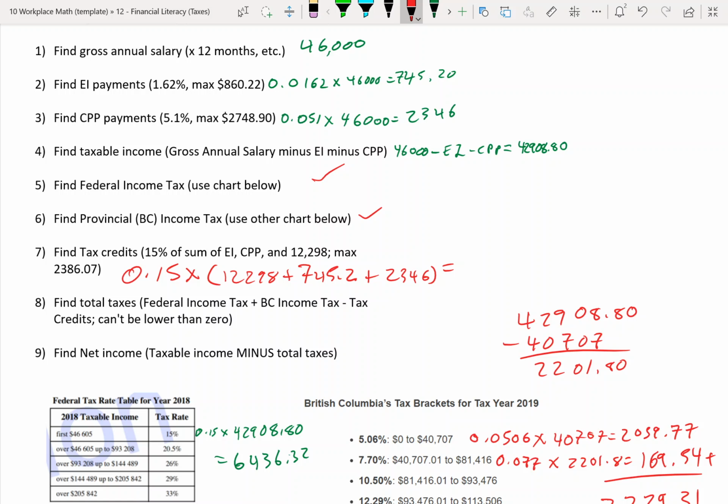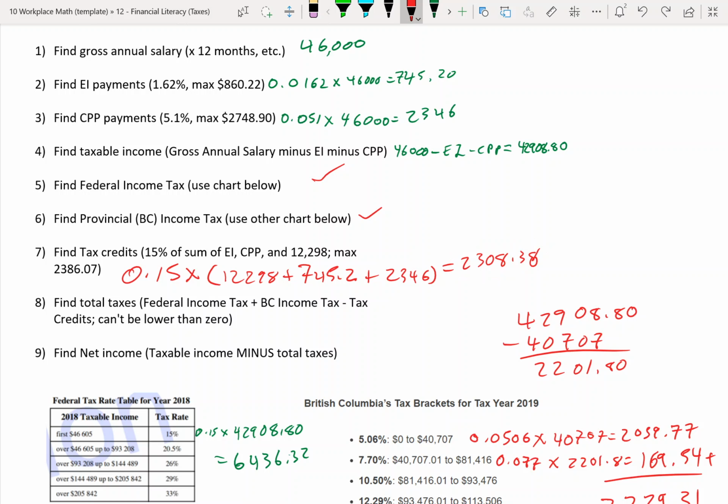Okay, when I do that, I'm going to get some number, and then remember to multiply the total by 15%, and that gave me 2308.38.